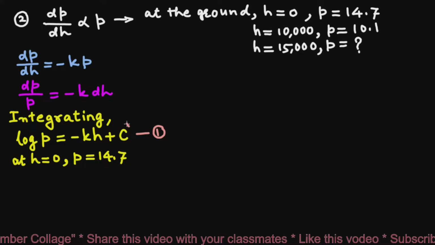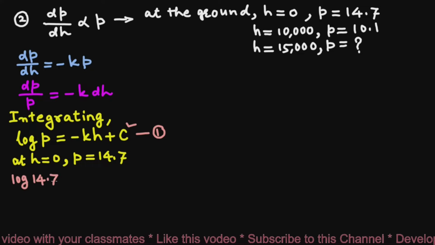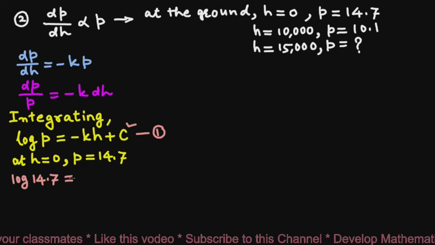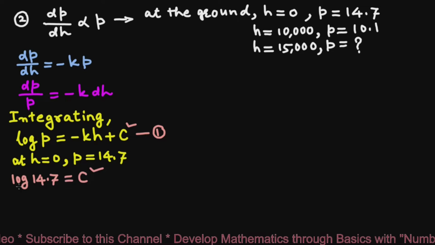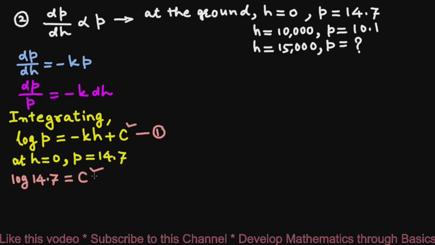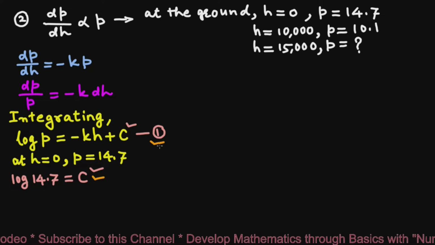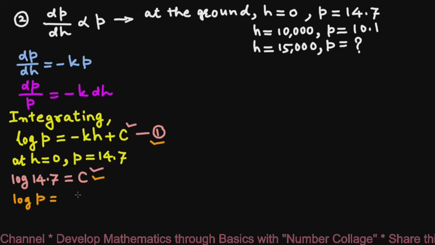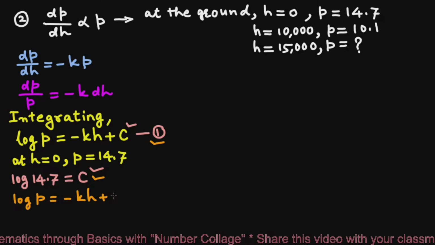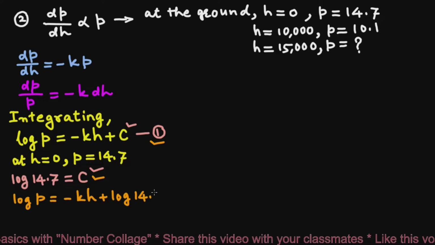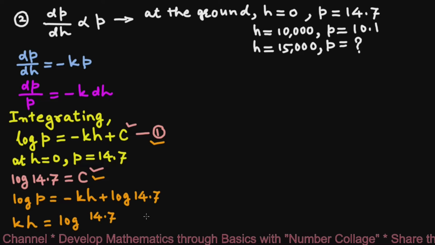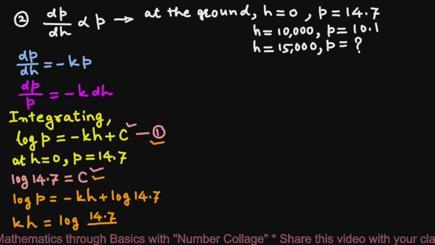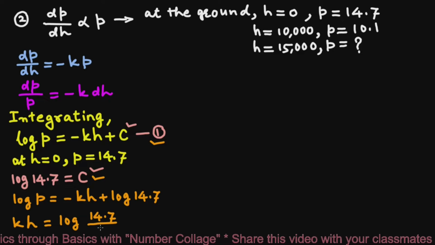So equation 1 becomes log 14.7 = -k into 0, which will be 0, plus C. So C will be log 14.7. Using this value of C in equation 1, we write log P = -kh + log 14.7. So kh will be log 14.7 - log P, that is log (14.7/P).